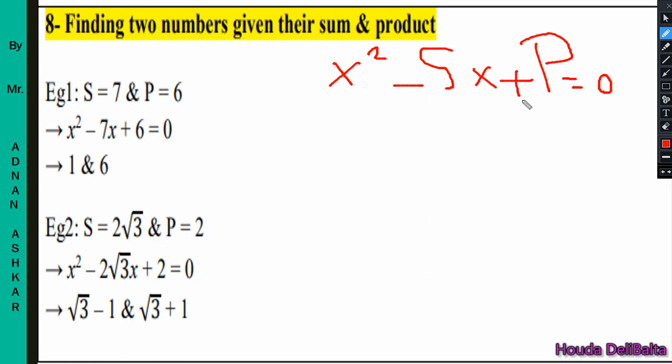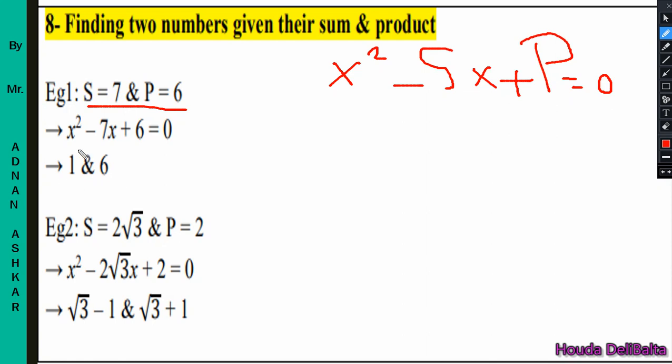So we can use the sum and the product to form the quadratic equation in order to calculate the roots. Now here the given is that s is 7 and p is 6. So just applying this formula, I'm going to get x squared minus 7x plus 6 equals 0. Now let's start solving this quadratic equation to get these roots that are 1 and 6.